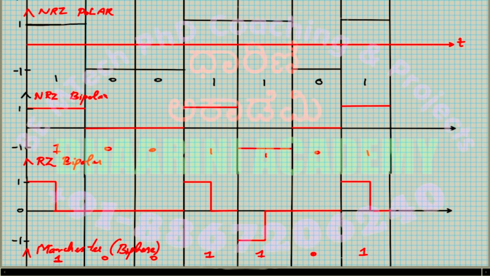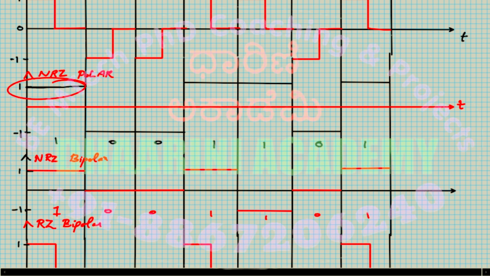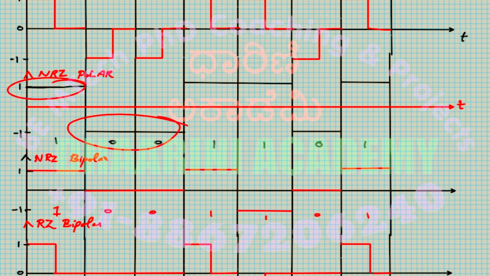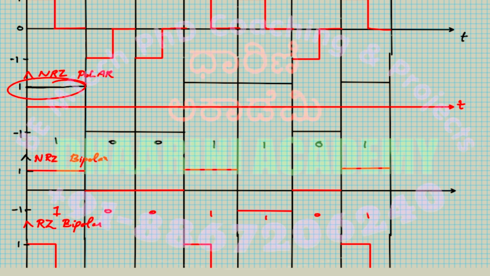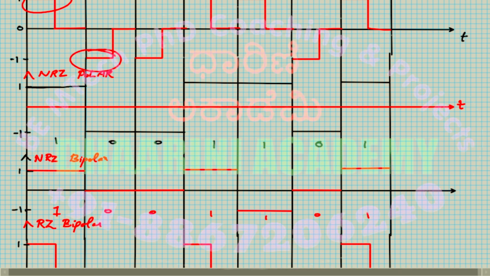I don't choose those pulses which exist completely during your bit duration, like this. I don't prefer this because they need more power. Whenever I'm sending level high, 1 or -1, your circuit is on.